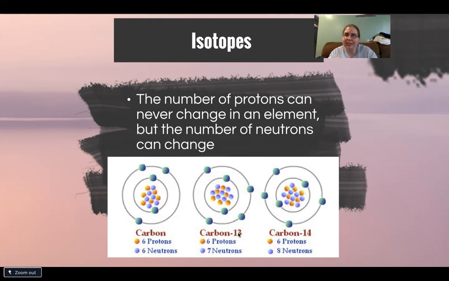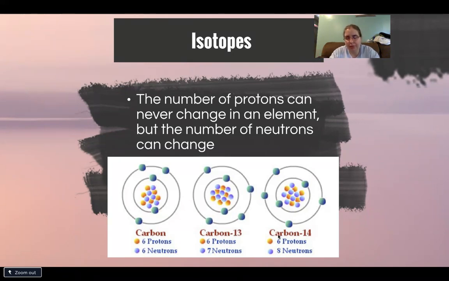So what this tells us is that this is an isotope of carbon. And that 13 is the mass of this particular atom. So 13 minus 6 for protons gives us 7. This particular isotope has 7 neutrons.